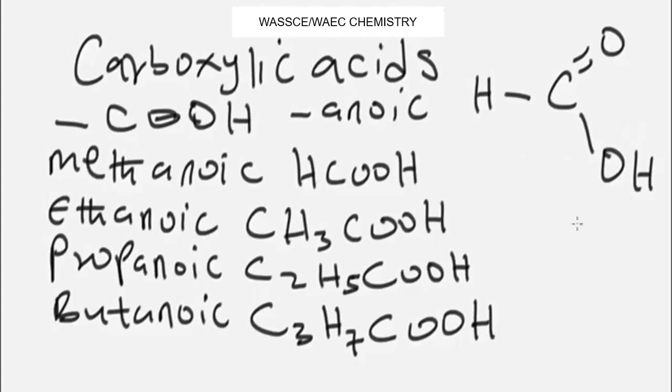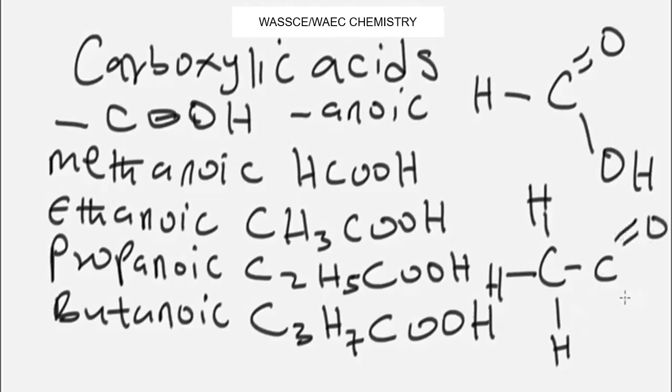Whereas the structure of ethanoic acid has two carbon atoms, so it's going to look like this. This will be the structure of ethanoic acid.